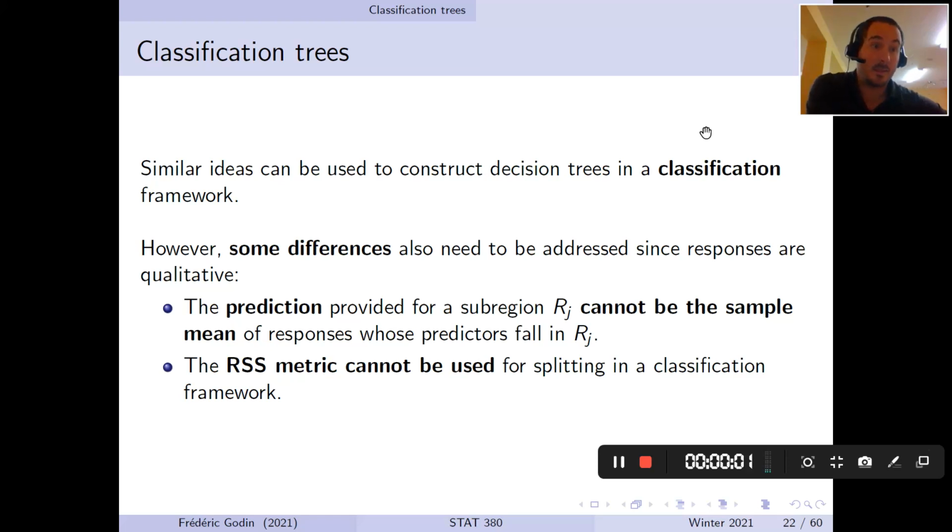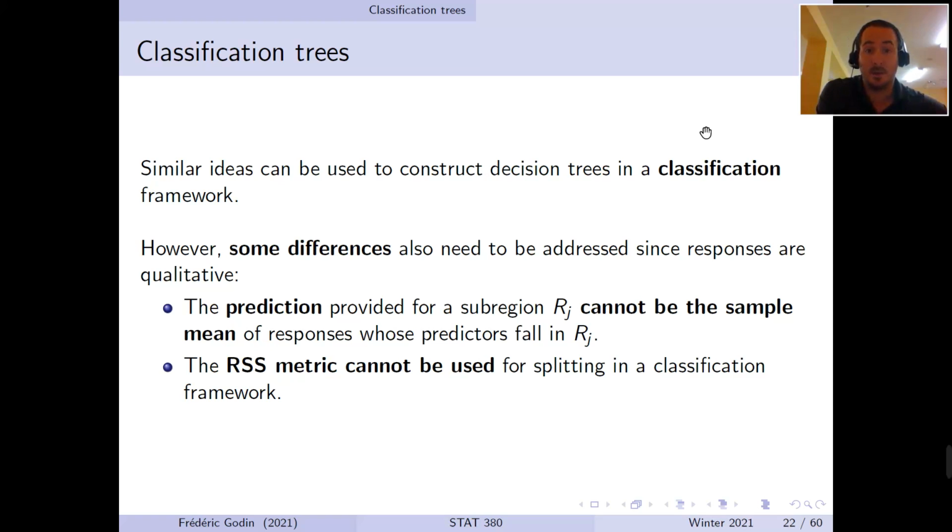Hello everybody, this is the second video of chapter 6 of the statistical learning course. In this part of the chapter, we're going to see how to train decision tree models for classification problems. Many ideas introduced in the regression framework are applicable in the classification setting.